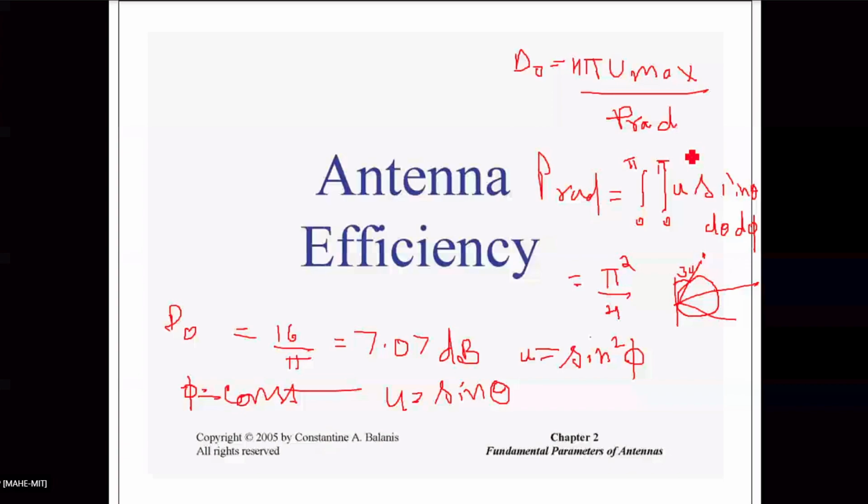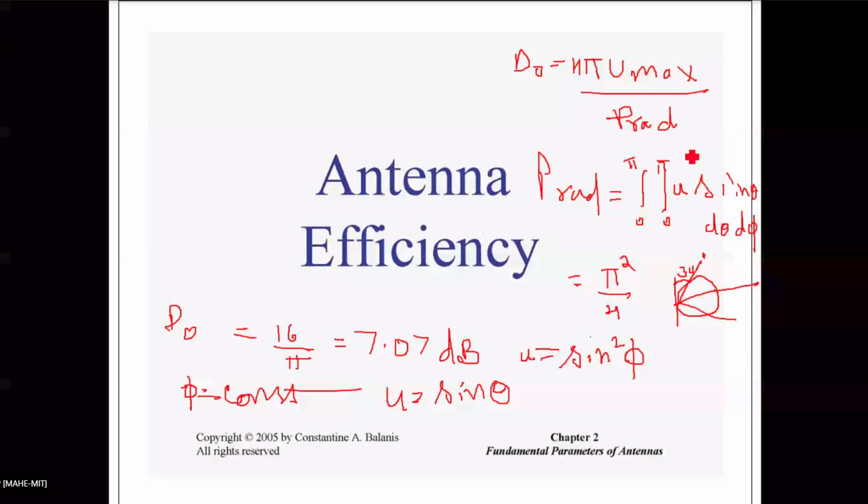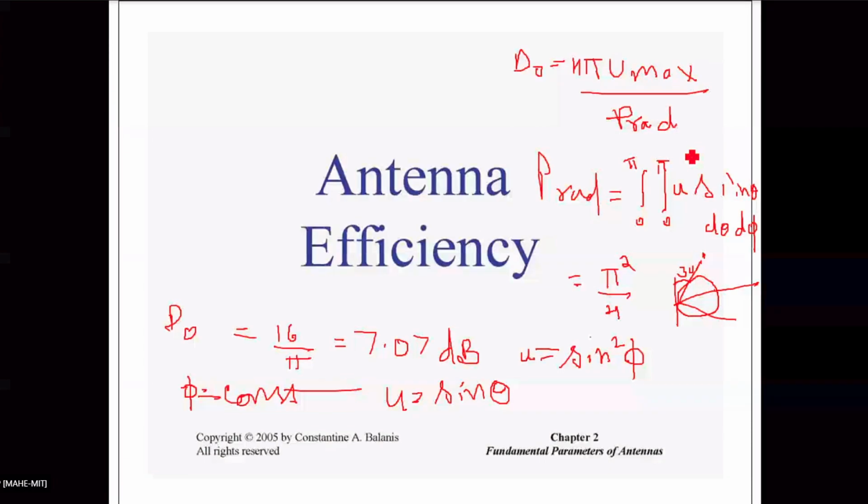Between 20 degrees and 60 degrees, it will be less than 1. U max is 1. Find out P rad. When you do the integration for P rad, you have to split the integration: theta from 0 to 20 degrees, 20 degrees to 60 degrees, and 60 degrees to 180 degrees.